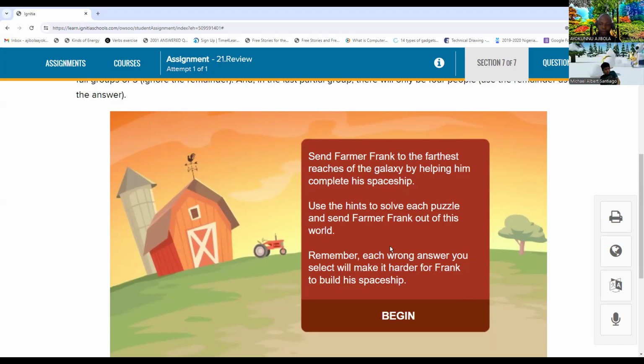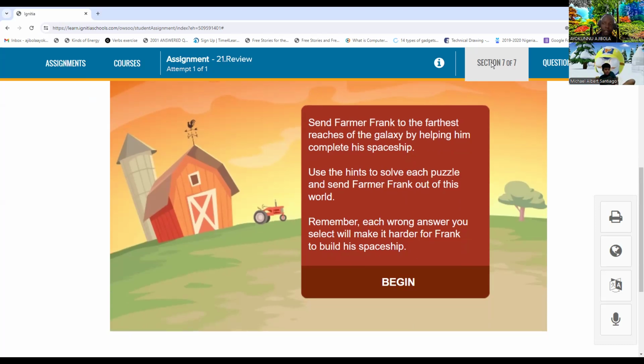Remember, if you use the wrong one, it will make it harder for Frank to use his spaceship. Okay, are you ready to begin this now? Okay, hold on. We are going to start this right away.